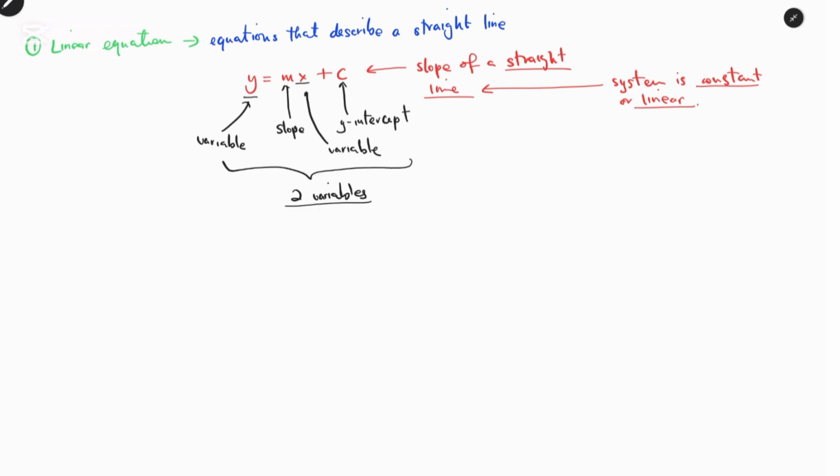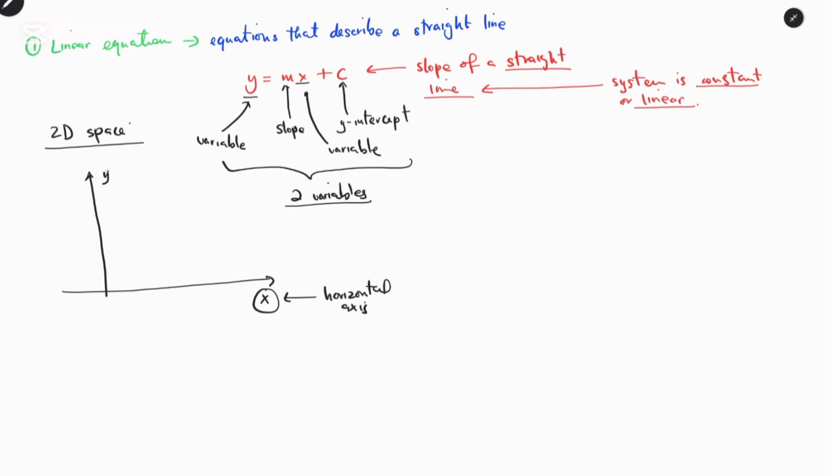So when we want to solve, we will base it upon the changes in these two variables. And it is mostly in terms of a 2D space. When we say 2D space, we normally have the x and the y. The x is the horizontal axis and the y is the vertical axis.